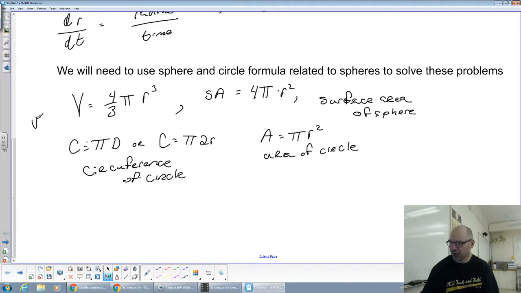This is the volume of a sphere. So those are the formulas that we'll need in our questions when we work them through.